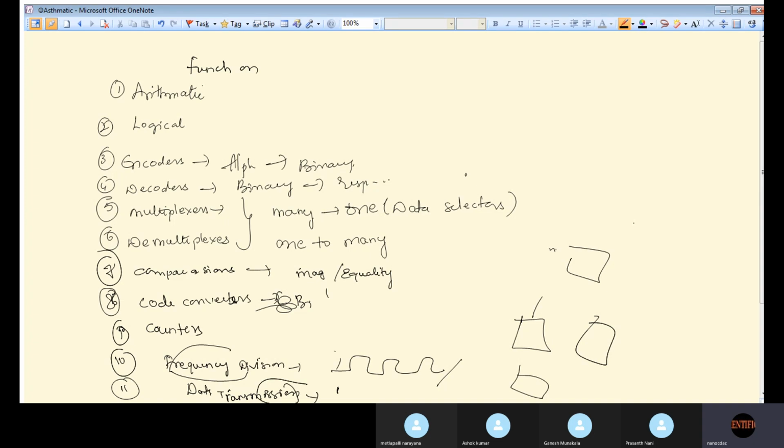Parallel data transmission means all the bits are transmitted simultaneously. In serial, bit by bit transmission is done. For transmitting serially or parallelly, we require flip-flops. Okay, so these are the functions that a digital circuit can perform. Is it clear for all of you?